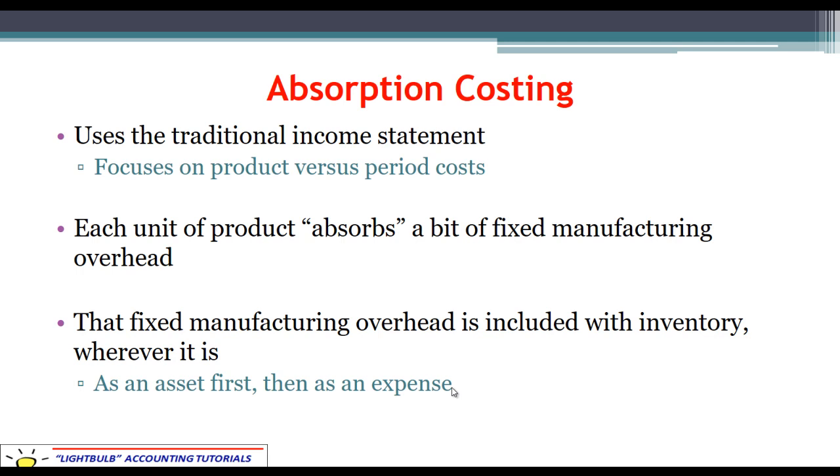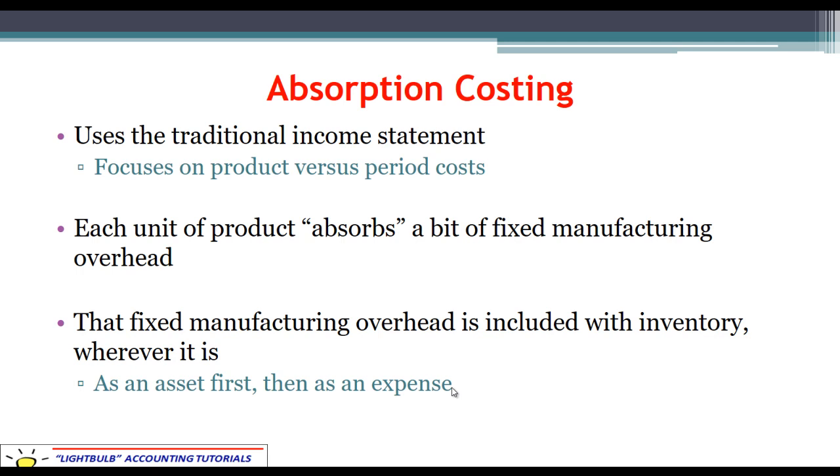So that traditional income statement method focuses on product versus period right off the bat. The product costs, again, whether it's fixed or variable, go under the cost of goods sold. So that cost of goods sold will include some of our capacity or our fixed manufacturing overhead.